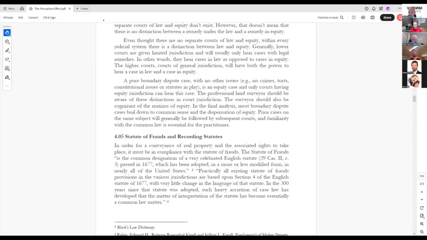I think it was Mulford in his little treatise, Boundaries and Landmarks.